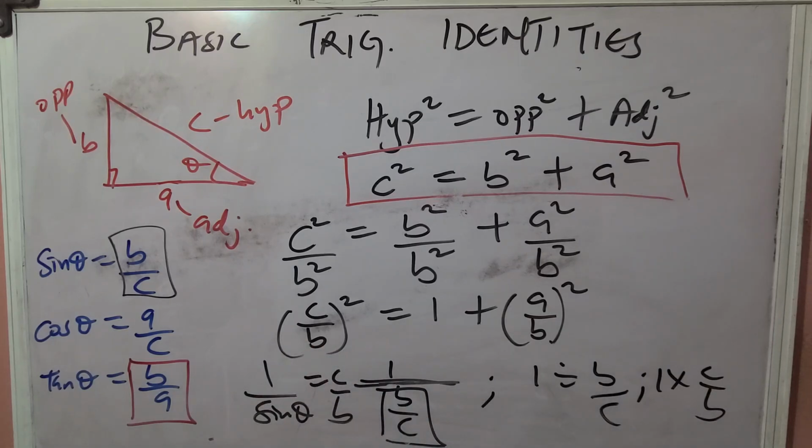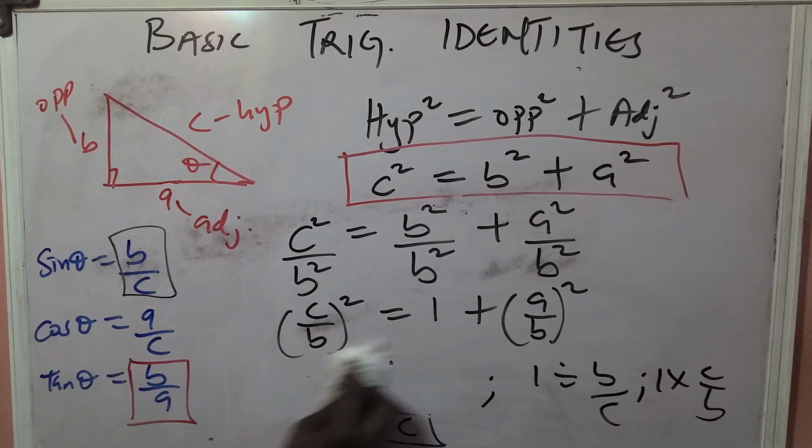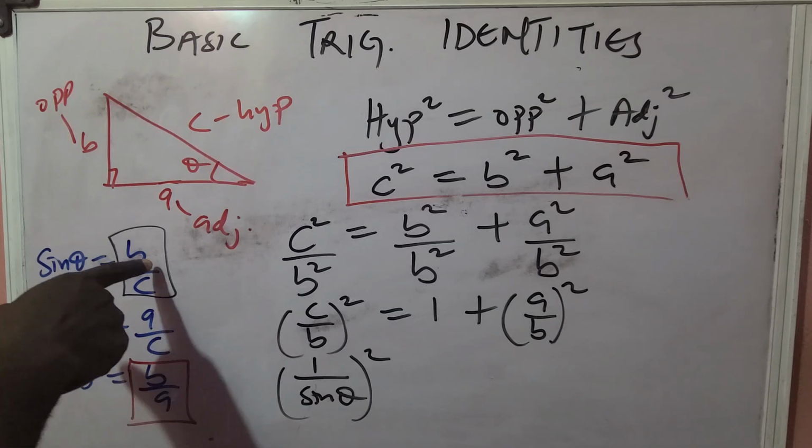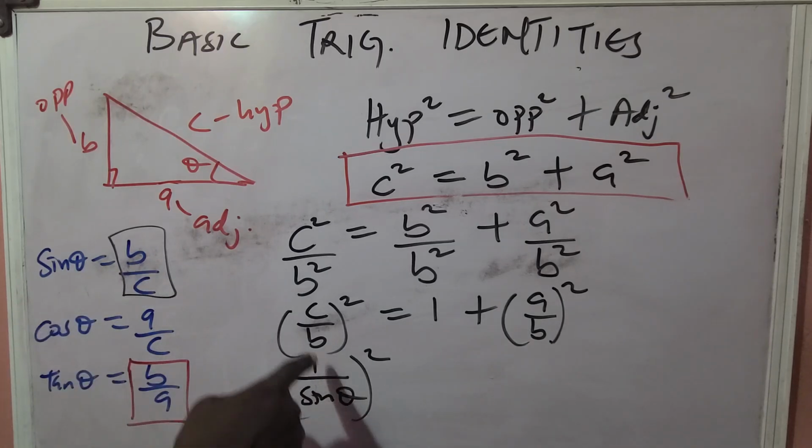So therefore, instead of writing my c over b now, I would not be wrong if I decided to write it as 1 over sine theta. Don't forget, sine theta is b over c. So 1 over b over c will obviously give you c over b.